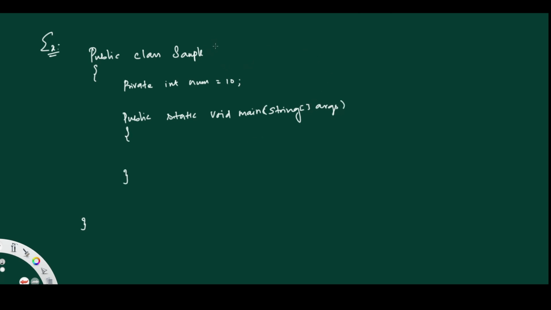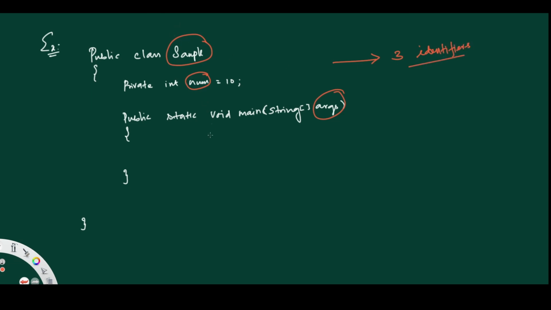In this program, let's see how many identifiers we have. Sample is one identifier, num is one identifier, and args is one identifier. So totally, how many identifiers do we have in this example? We have 3 identifiers.